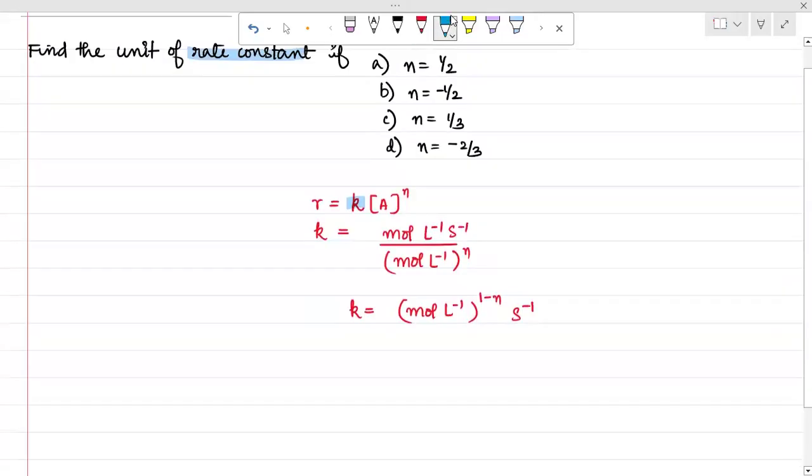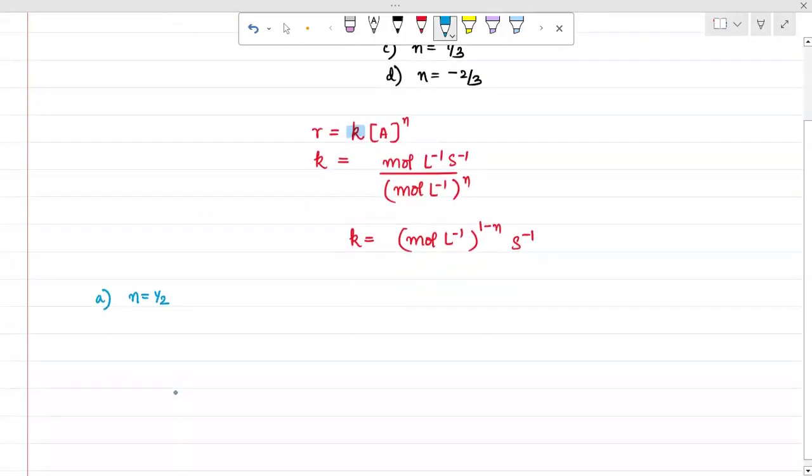So let's try one by one. A: if you put the value of n as 1 by 2, what will be the equation? Moles per liter to the power 1 minus 1 by 2 per second. What is 1 minus 1 by 2? 1 minus half is half.